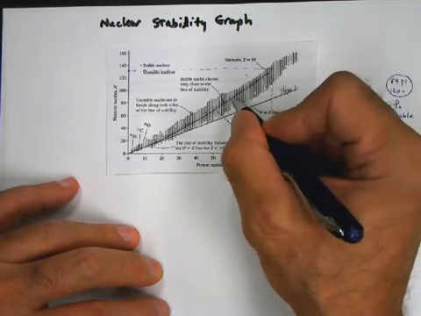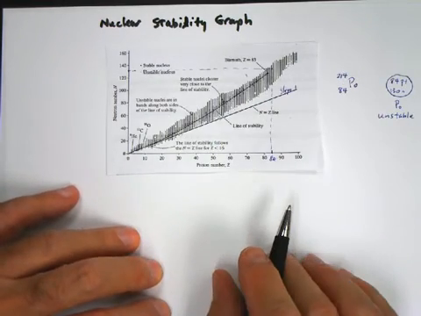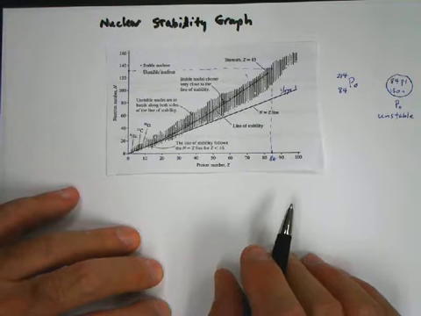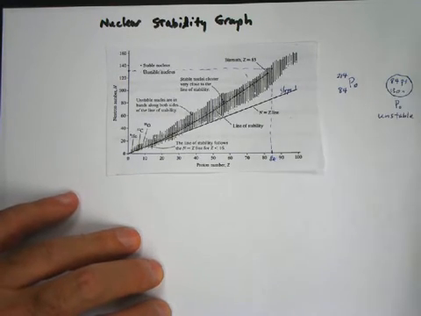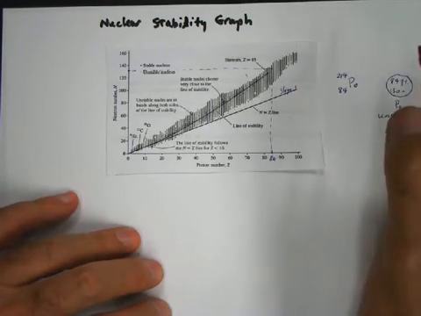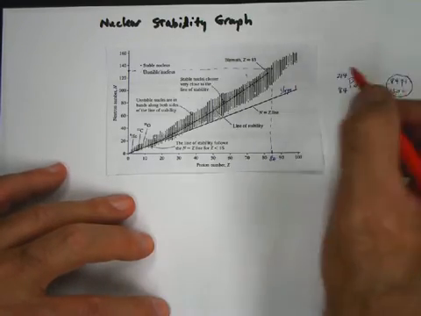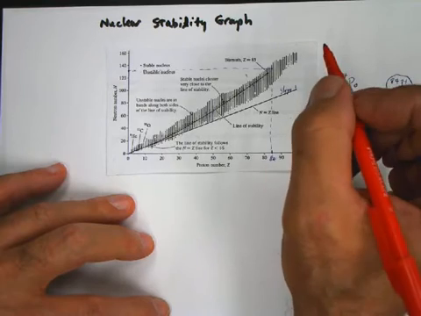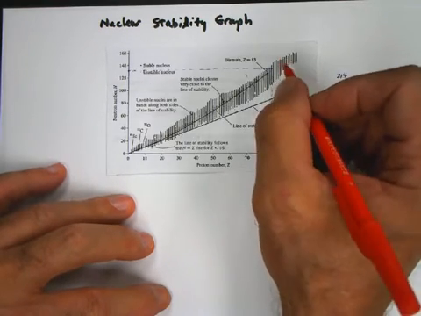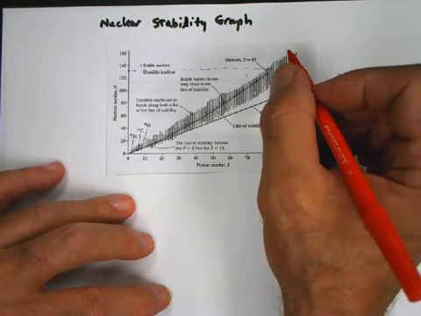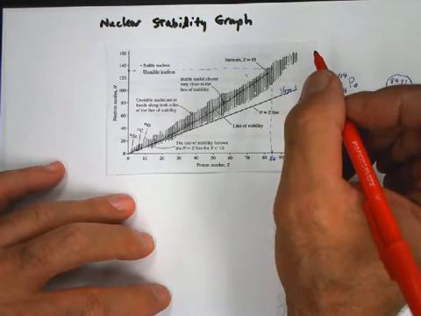Okay, so can you predict what polonium would tend to do? Well, it would tend to radioactively decay so that at least the products of its decay, its daughter nuclei, would be more stable than it. Okay, so how could it do that?